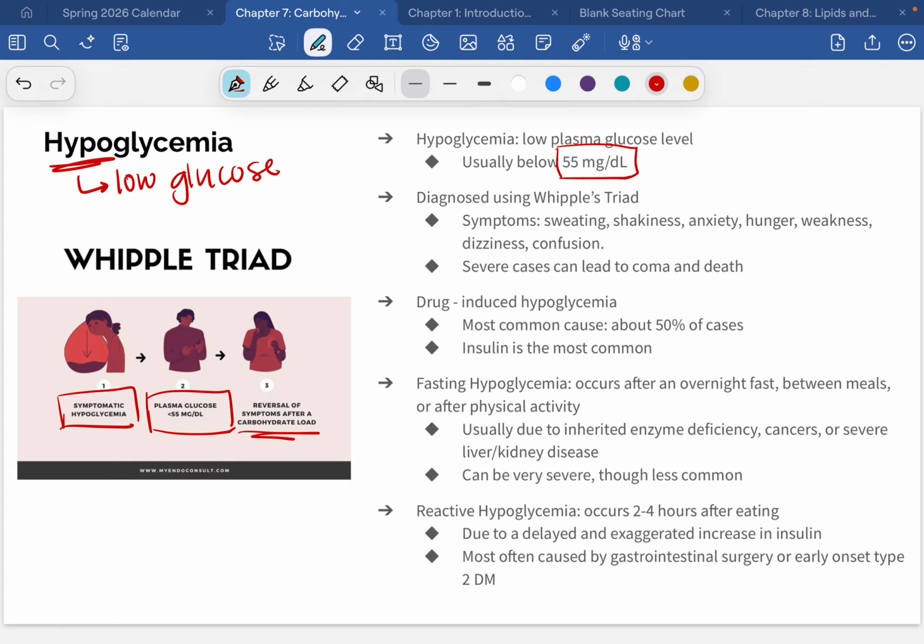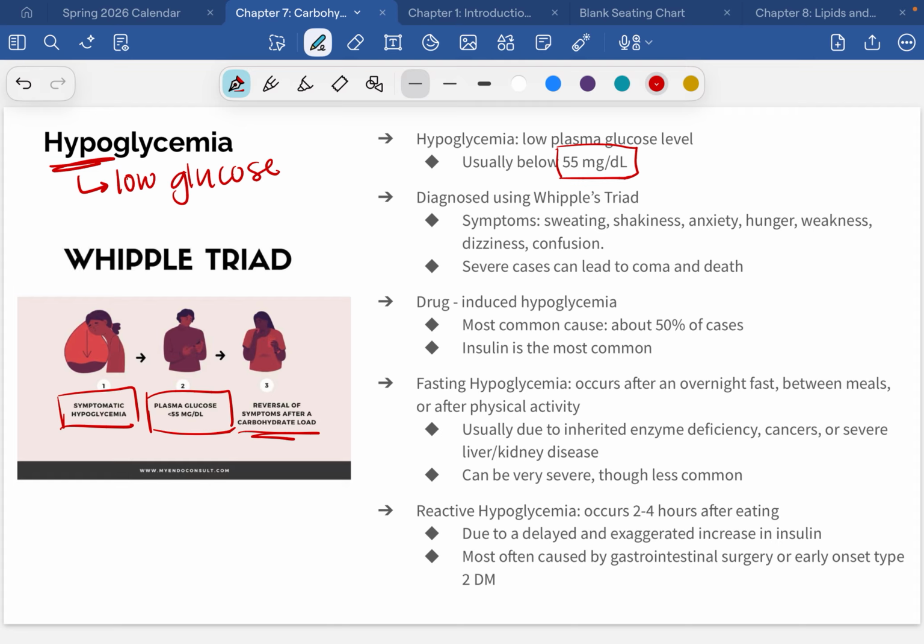So things like sweating, shakiness, anxiety, hunger, weakness, those symptoms are so generic. There are so many syndromes and diseases that can have symptoms of sweating and shakiness, anxiety being one of them. If somebody is really anxious, they'll sweat, they have shakiness, weakness, dizziness.